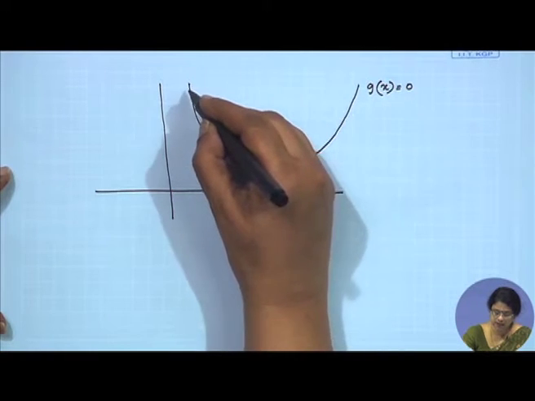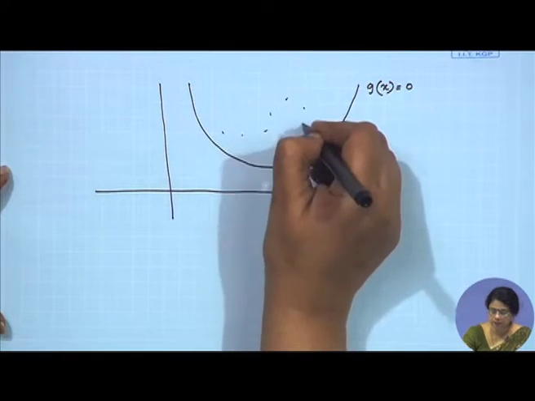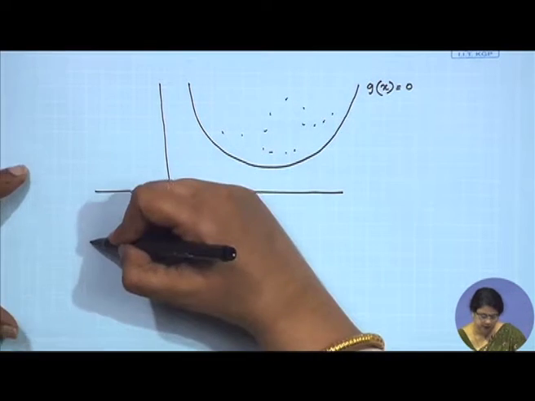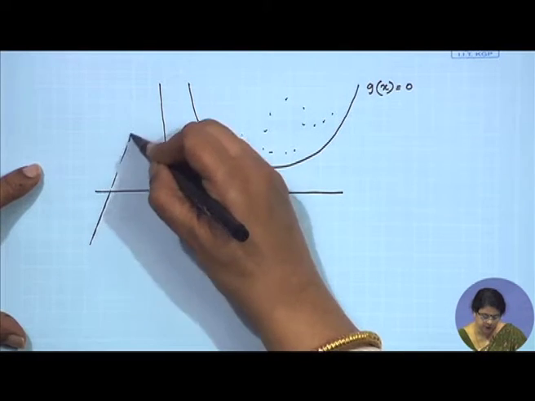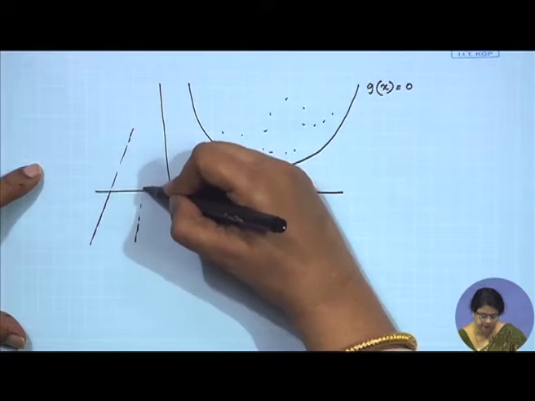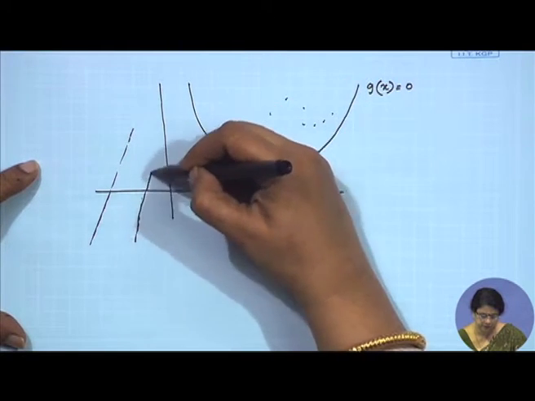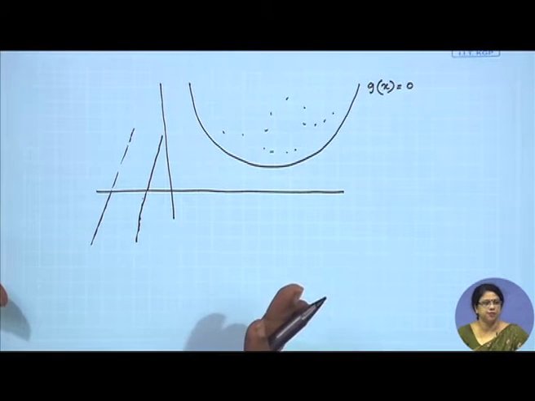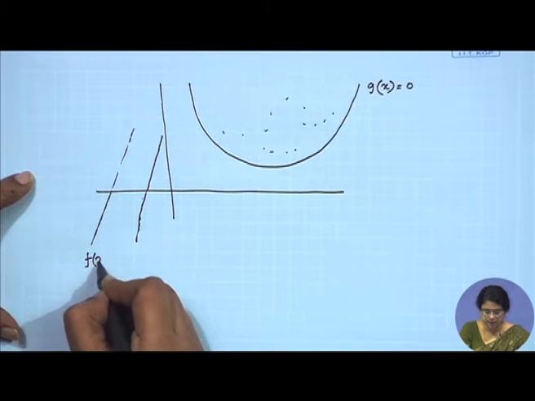That is the feasible space for us. Now, there is one objective function, and these are the level curves of the objective function, say f(x).